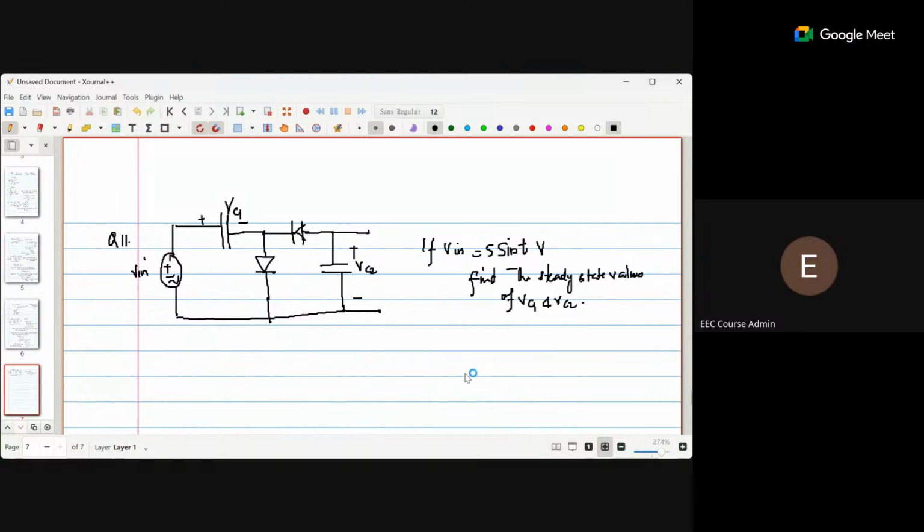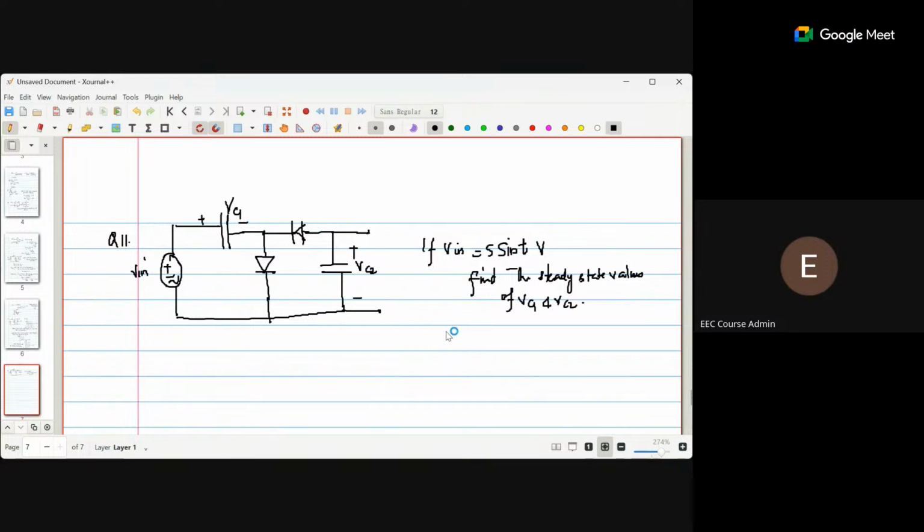If you try to recollect, this is the circuit of a... can you identify the circuit? I just now mentioned also voltage multiplier. What is the multiplying constant here? It's the case of a voltage doubler, correct? I don't know how many of you have covered this week in your exam revision.